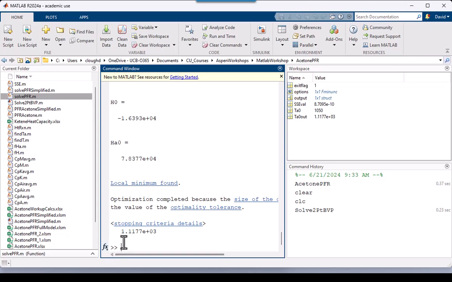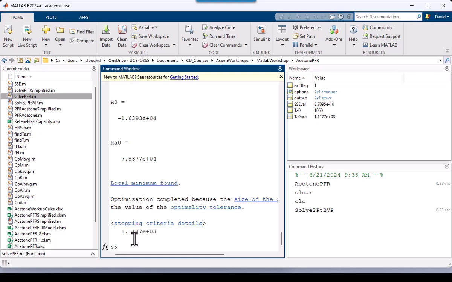And it says here that our stopping criteria is met and that the correct estimate for the outlet temperature of air, which occurs at V equals 0, is 1117.7. And I think that is only different in the fifth figure from what we determined from the simplified model.